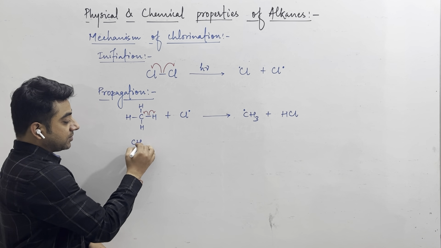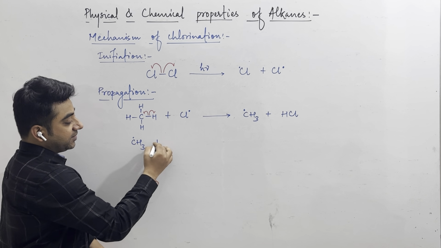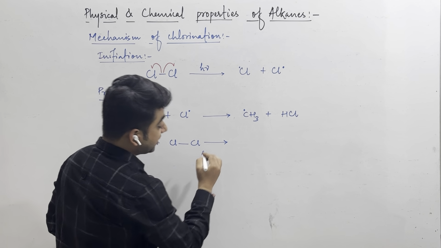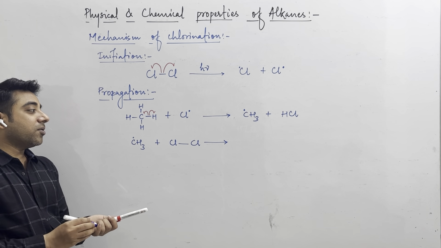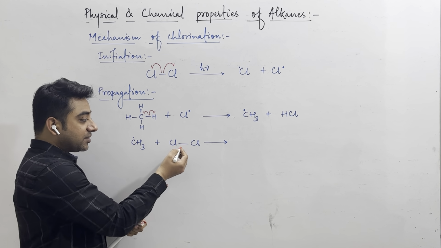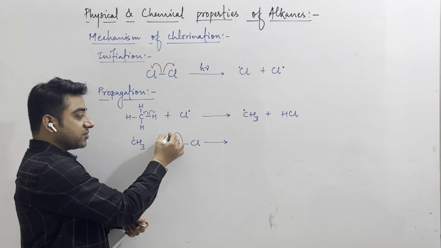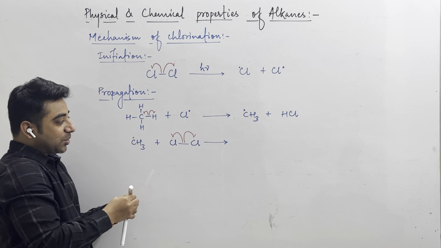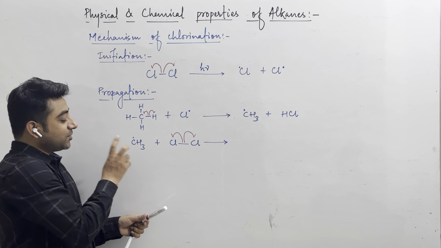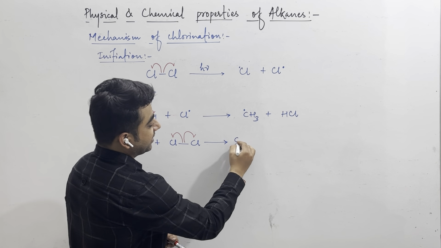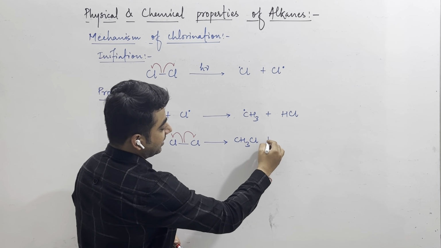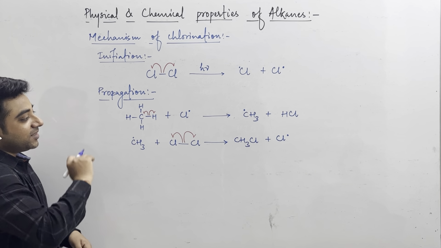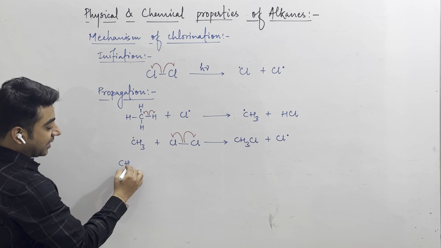Further, this methyl free radical can join with another chlorine molecule which is available in the reacting mixture, and on reacting with this another chlorine molecule, it will cause this chlorine molecule to undergo homolysis. So again, a chlorine free radical which is generated here joins with methyl free radical to give CH3Cl, and in addition to that you get one chlorine free radical. Further, you can show this step to be in continuation.